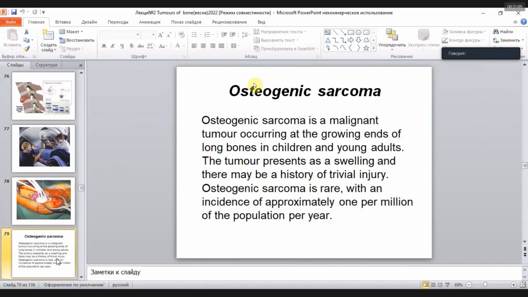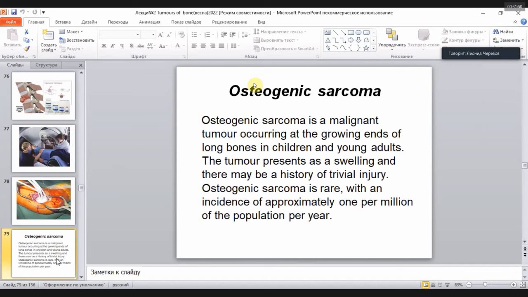Osteogenic sarcoma. Osteogenic sarcoma is a malignant tumor occurring at the growing ends of the long bones in children and young adults. The tumor presents as a swelling, and there may be a history of trivial injury.